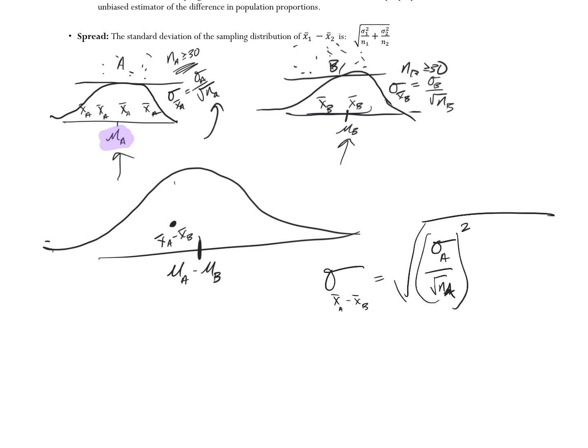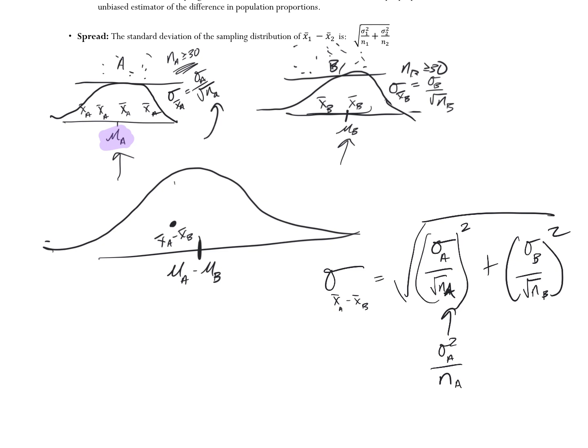The standard deviation of the first one squared plus the standard deviation of the second one squared. But as we look at that, do you guys see that when I square both of those, I get rid of that square root sign and square the top, because that's going to end up canceling each other out, the squared and square root sign when I square that fraction.